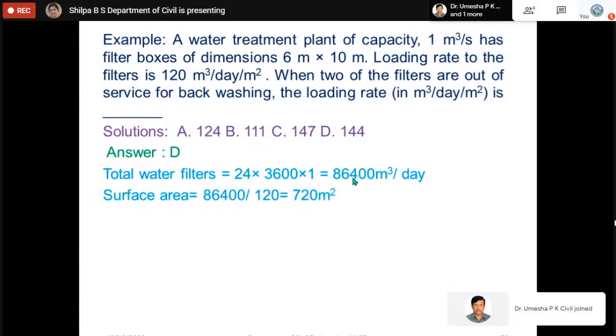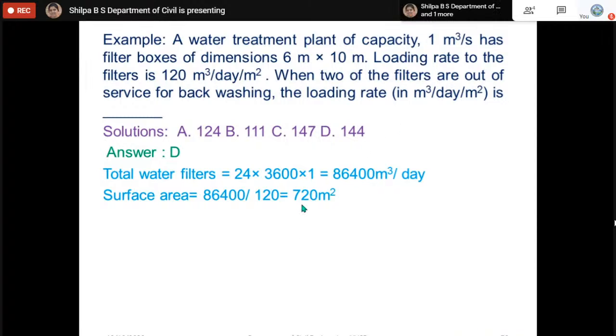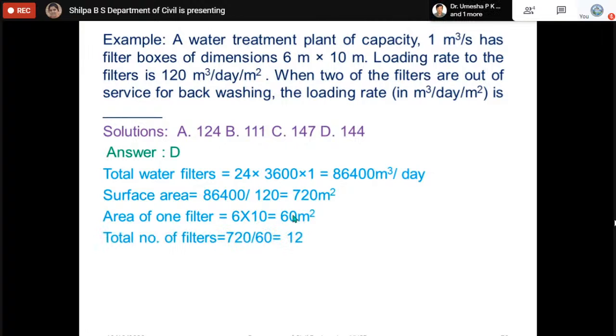Using the given loading rate, we will get the surface area as 720 meters square. The area of one filter, from the given dimension, is 60 meters square. So the total number of filters will be 720 by 60, that is 12 filters.